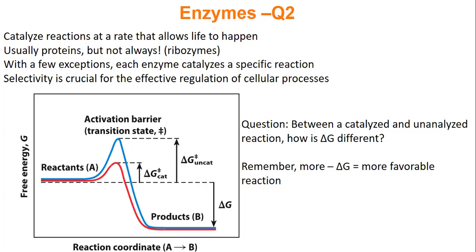Not always the case. You have RNA enzymes as well, ribozymes. There are some DNA enzymes. They're super rare, but they do exist. So most of them are protein. If not protein, then probably RNA.